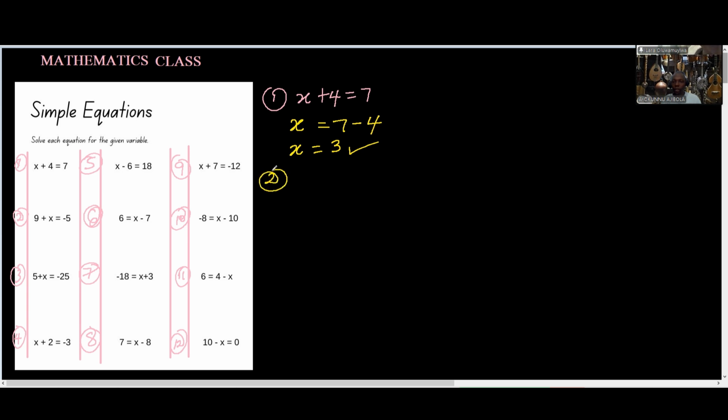Okay, number 2. I have 9 plus x is negative 5. Now, this time around, x should be alone. The 9 is crossing over. Is that clear? So if x is alone and negative 5 is outside, 9 was positive. When it crosses over, what will it become?